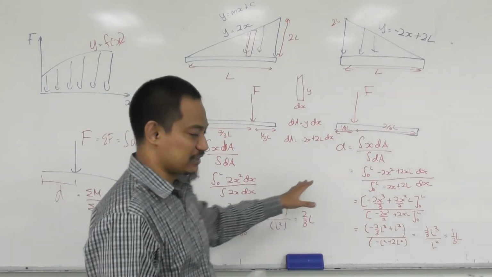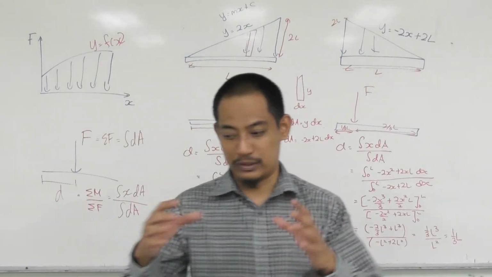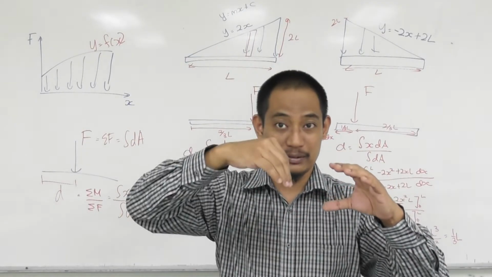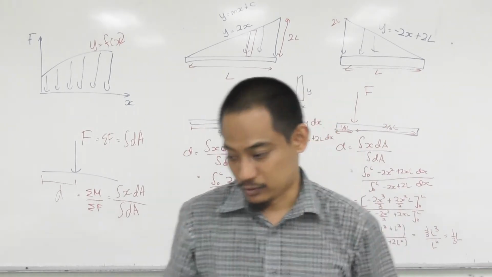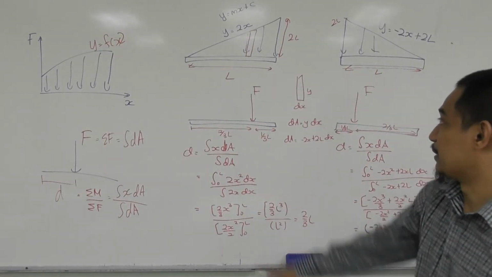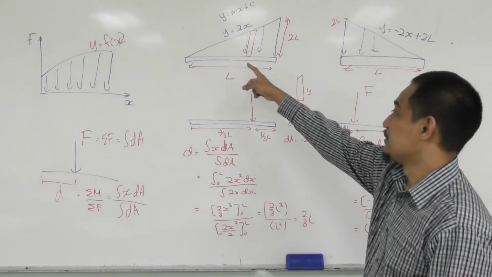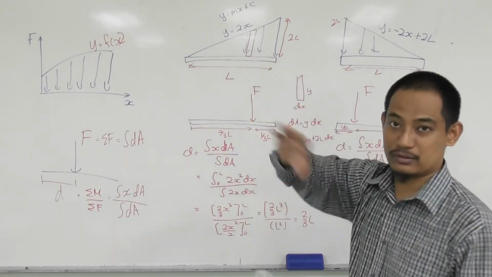So this is just to show how we get it: for a rectangle it's in the middle, for a triangle it is the 1/3, 2/3 ratio. That's just the proof. If you have a shape like this, you can straight away calculate the force, which is just the area, and then place it at the 1/3 or 2/3 ratio.